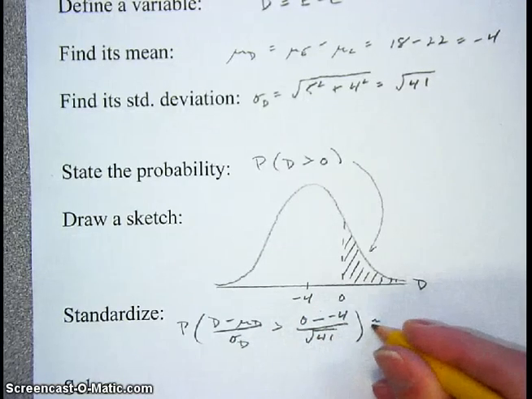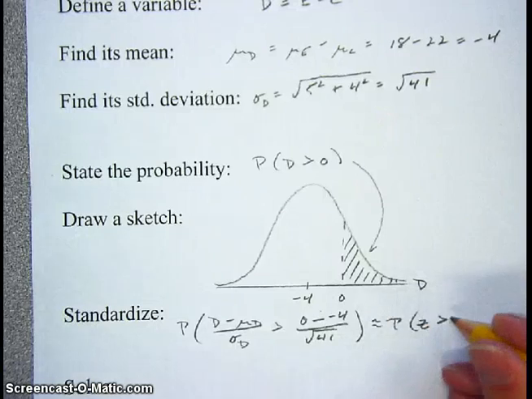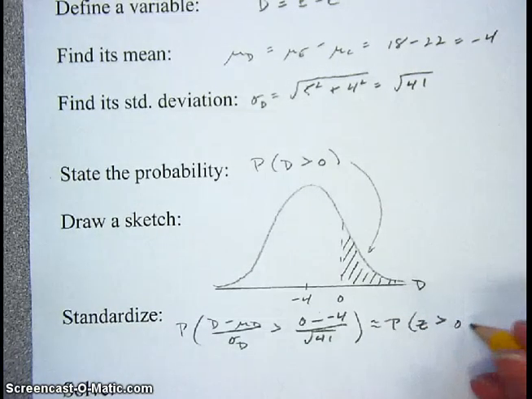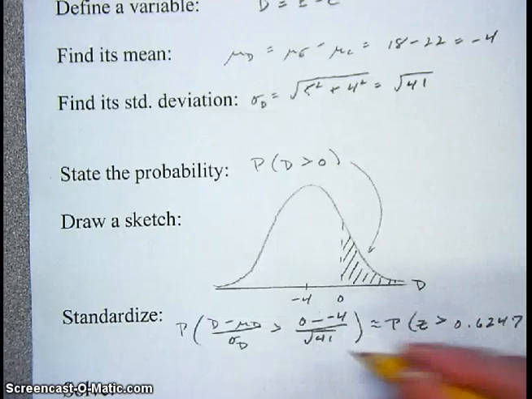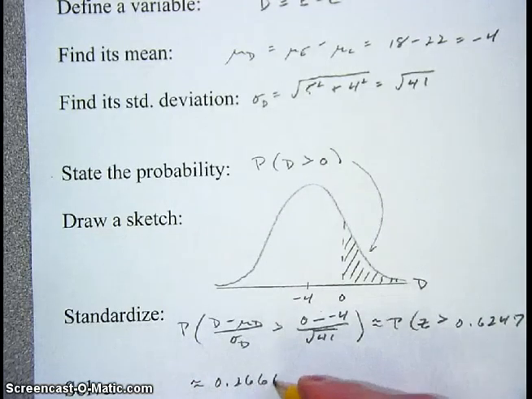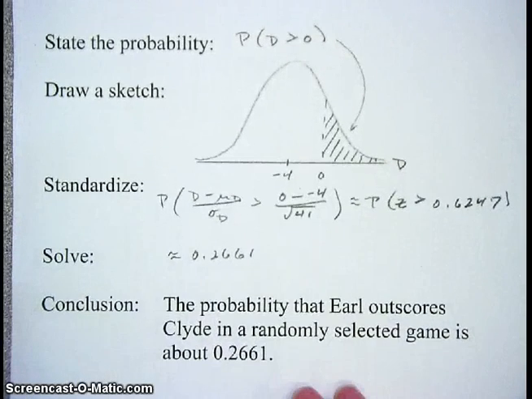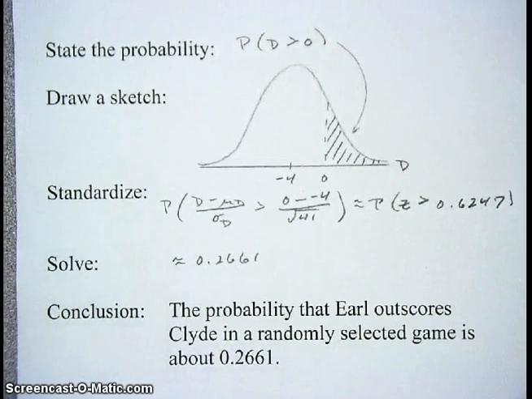And that is approximately the probability that Z is greater than 0.6247 when I simplify that. And then I go to my calculator and I find that this is approximately 0.2661. And then I write my conclusion. The probability that Earl outscores Clyde in a randomly selected game is about 0.2661.